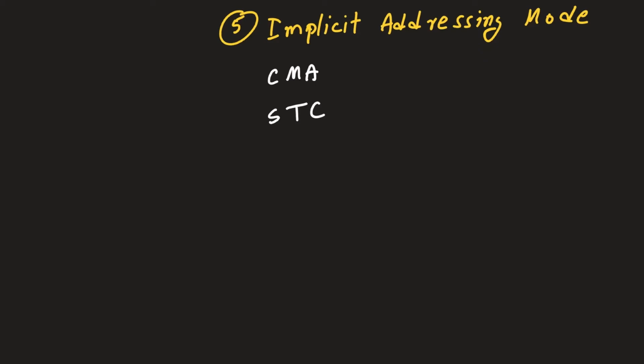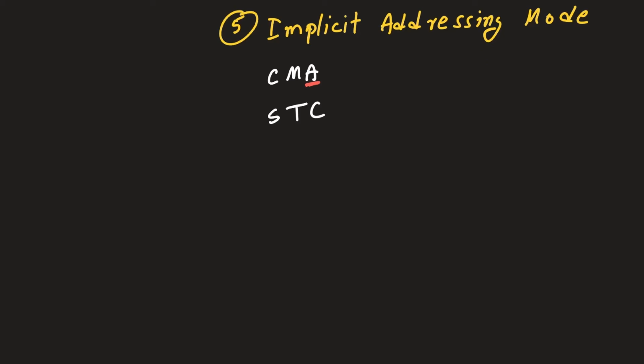Now in this instruction, the data is not given directly, the register name is not mentioned separately, the address of the data is not given, nor is any register pointer being used here. Inside the instruction itself, the name of the register is given. CMA means complement the content of the accumulator.